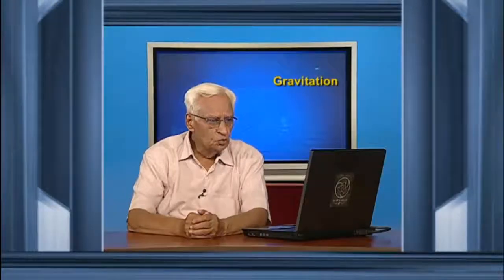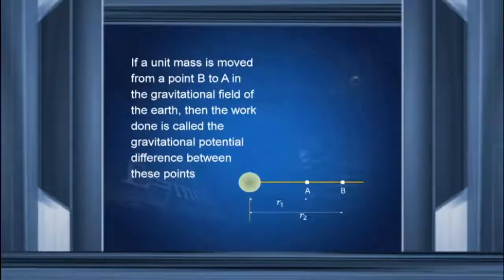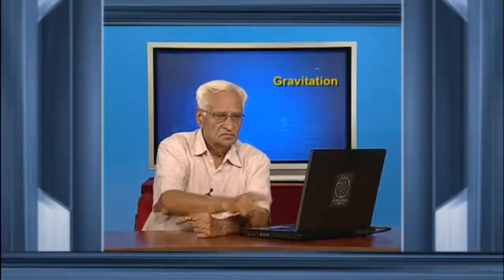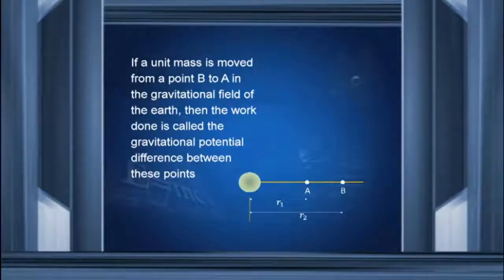So, what we are going to do is to take a unit mass from the point B to the point A in the gravitational field of the earth. You see, A is at a distance r1 and B is at a distance r2 from the center of the earth.